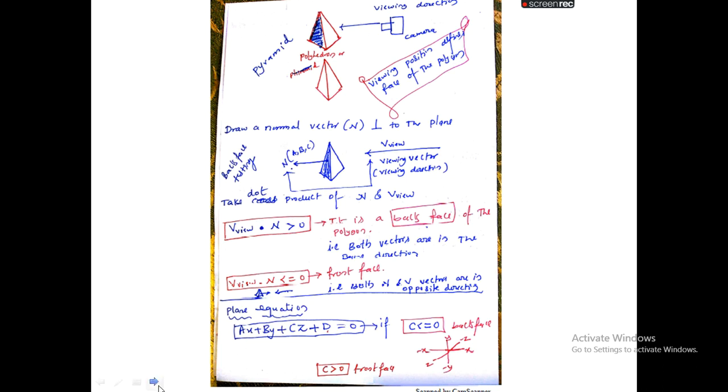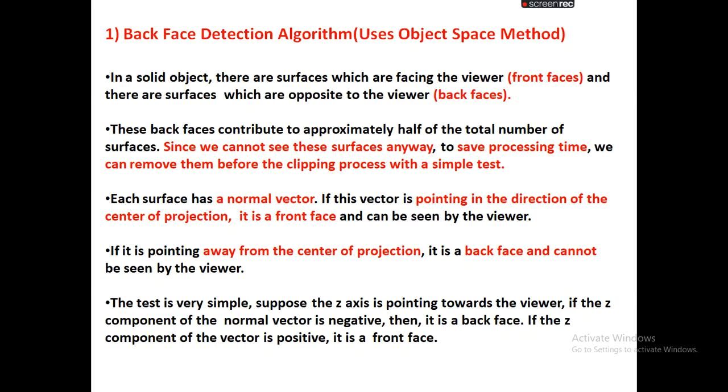So by taking only the coefficient of z, you can decide whether that surface is a front face or a back face. So this is about the back face detection algorithm, the simplest algorithm to detect the back face of the given object.